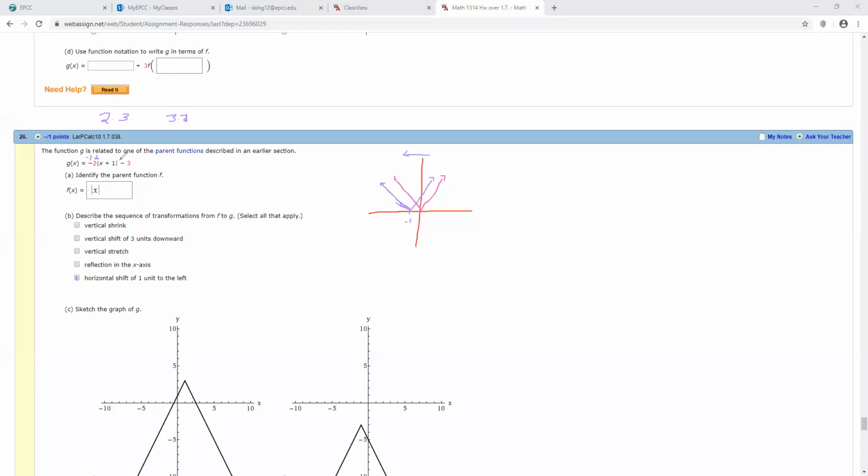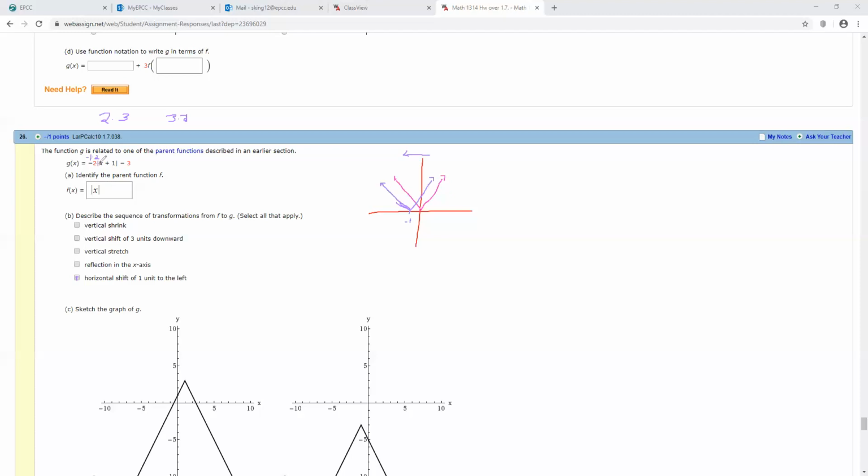So now what kind of dilation? If it's multiplied inside the function next to the x, that's always a horizontal dilation. Then it's easy to get confused on these words here.